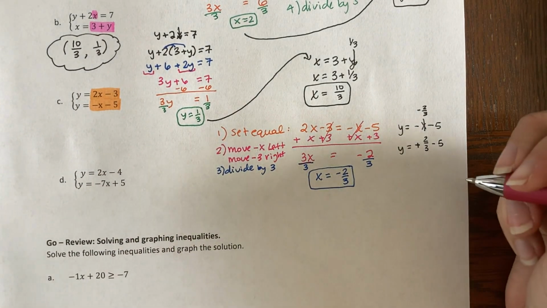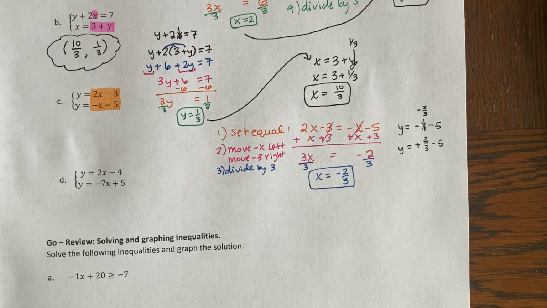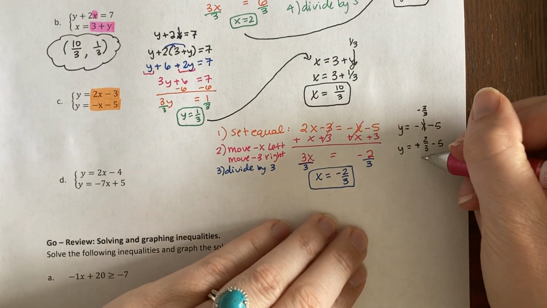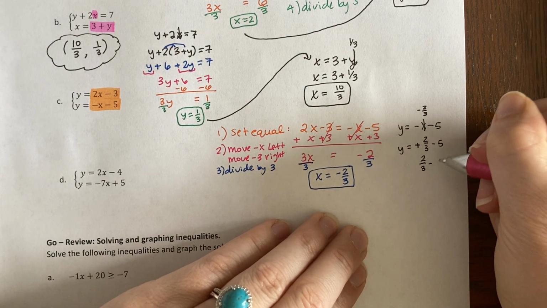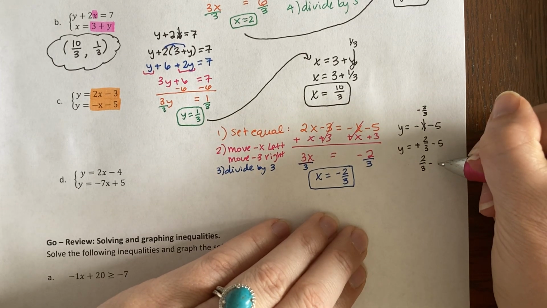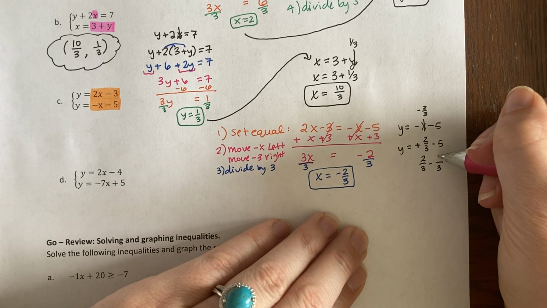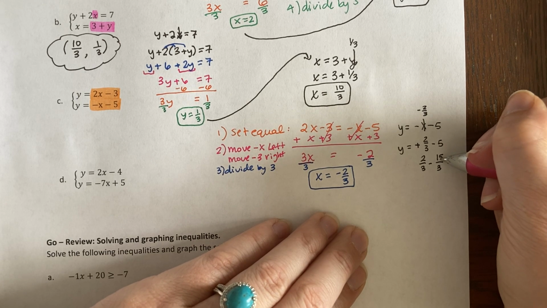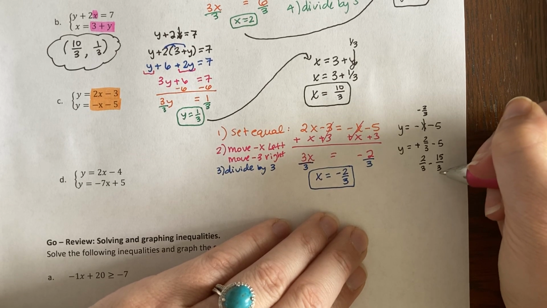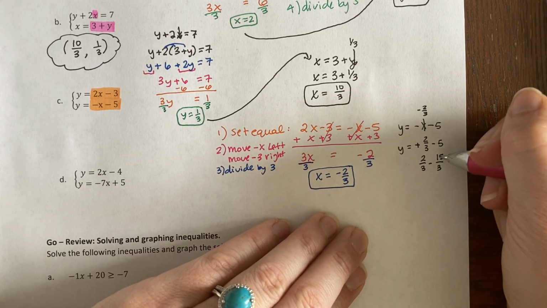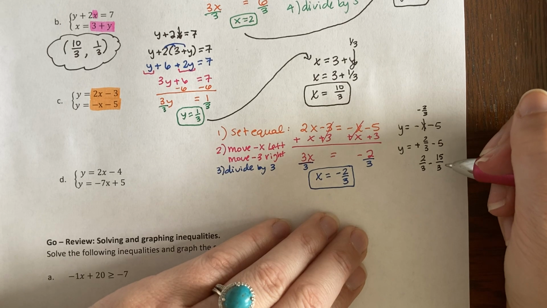I would do this on your calculator. I don't have one currently, so I'm going to make this into a fraction. 5 times 3 is 15. 15 over 3 is still a 5, so this fraction represents the 5.